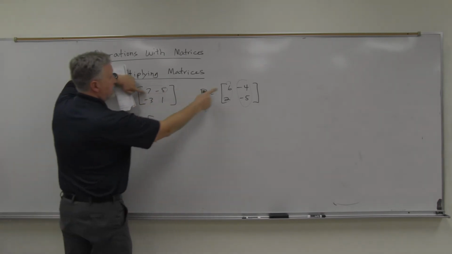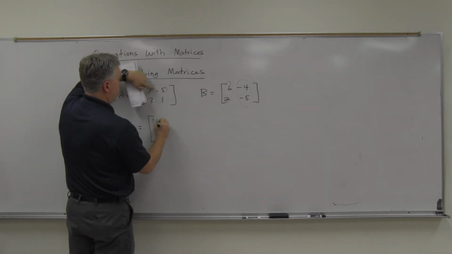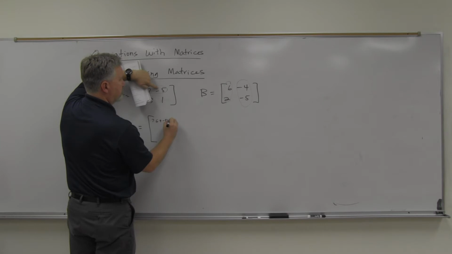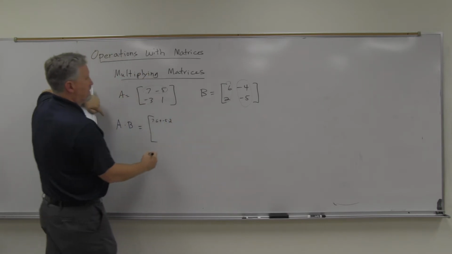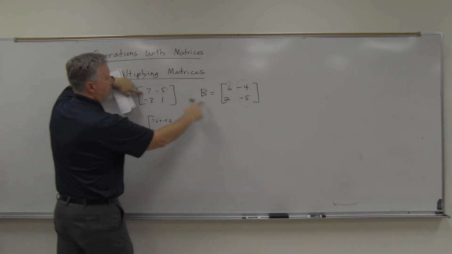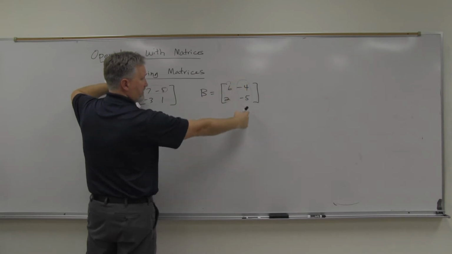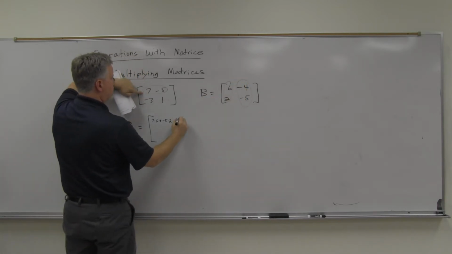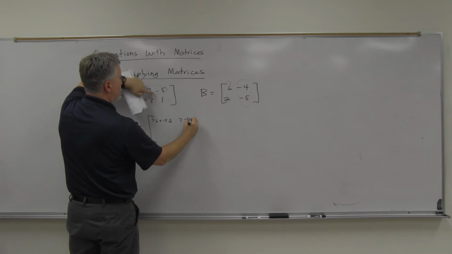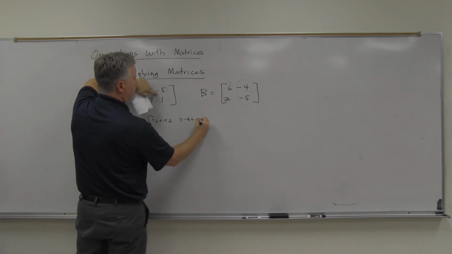So it'd be 7 times the 6 plus the negative 5 times the 2. Then I do the same thing with row 1 here, but times the second column of B. So it'd be 7 times negative 4 plus then negative 5 times negative 5.